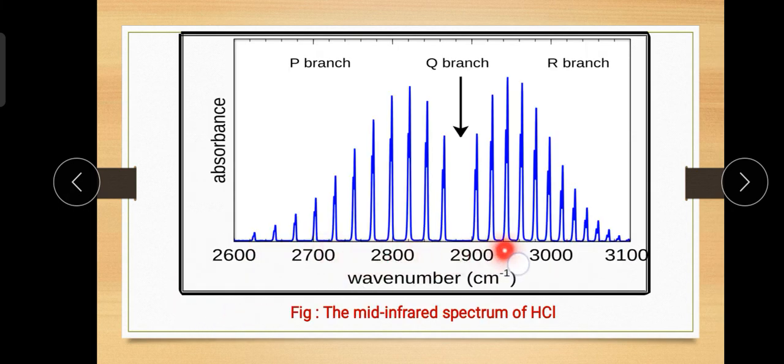Here we have the wave number, here is the R branch and here is the P branch. The P branch is for the lower wave number, and the R branch is for the higher wave number.